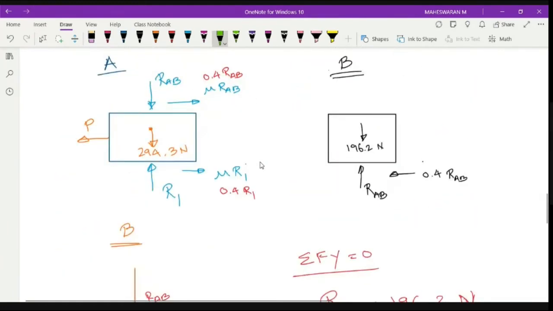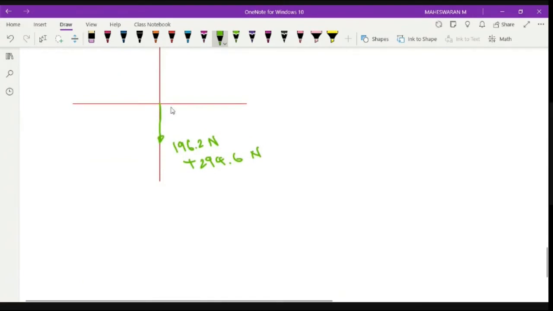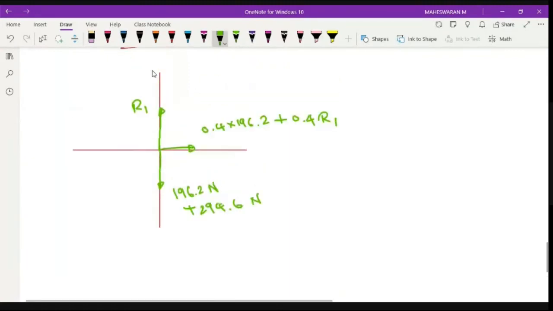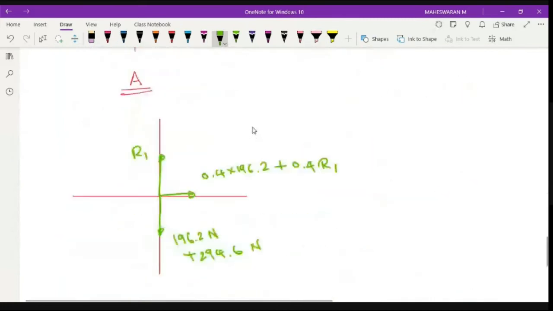Next, you have 0.4 RAB and 0.4 R1, right? So this side, you have 0.4 into 196.2 plus 0.4 R1. So these are the values. And at the top, you have R1, right? And on the left-hand side, you have P.